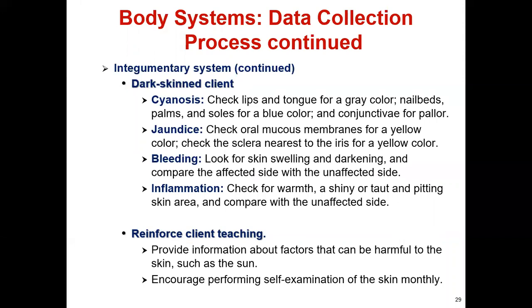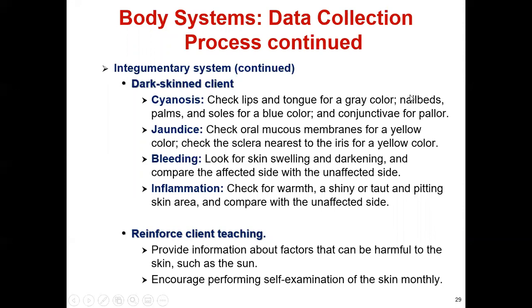Now integumentary, next. Dark skin client. We check for cyanosis, jaundice, bleeding, or inflammation. What is cyanosis, and where should we check it? We should check over the lips or tongue, right?